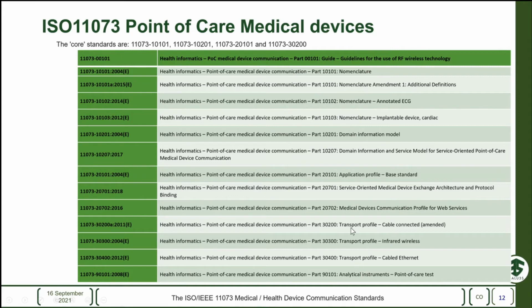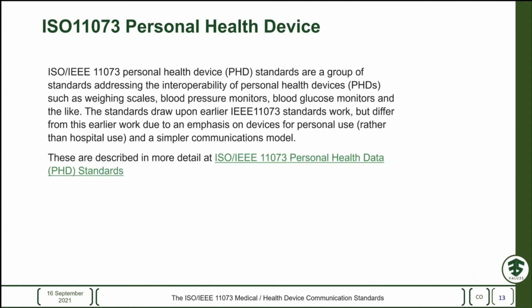There are other standards related with the communication stack, like these ones at the end, the transport profile, for example, which in my opinion are evolving very quickly, and every time there is a new communication technology, it is incorporated into the standard. But this is not really the core of the standard.